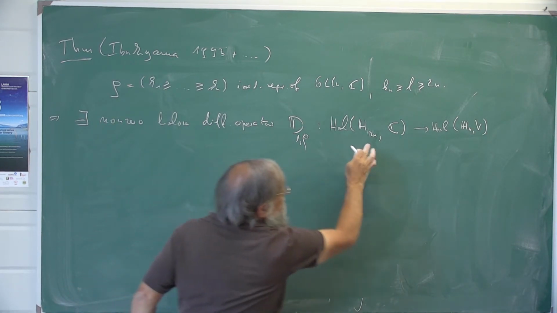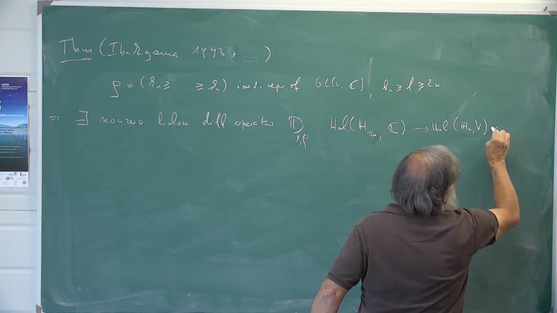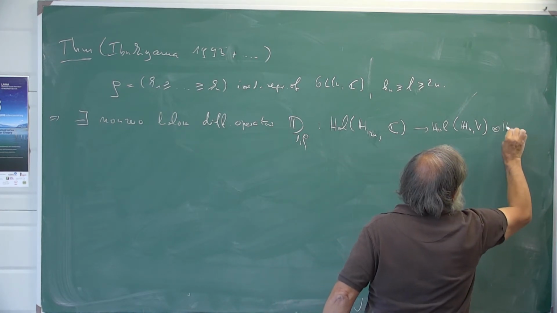This was 2n, this is n, and here we take a tensor product.